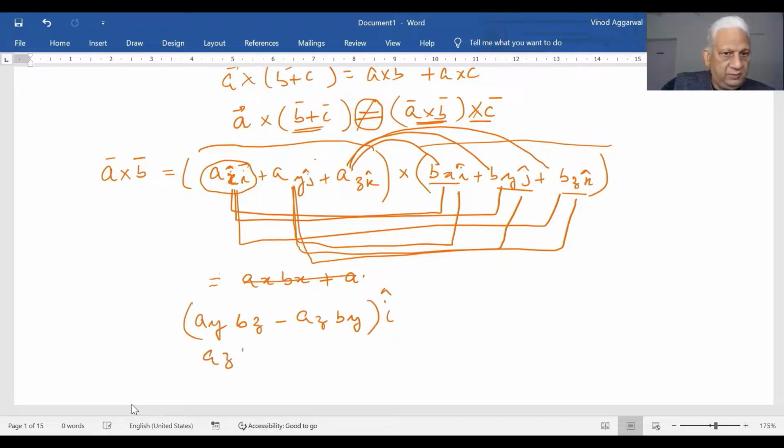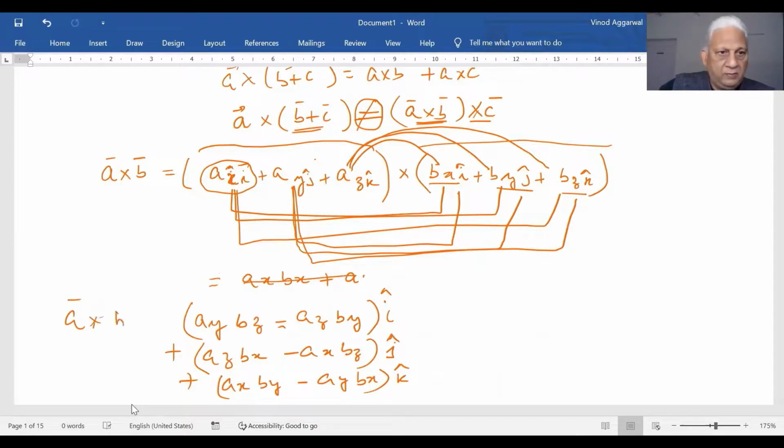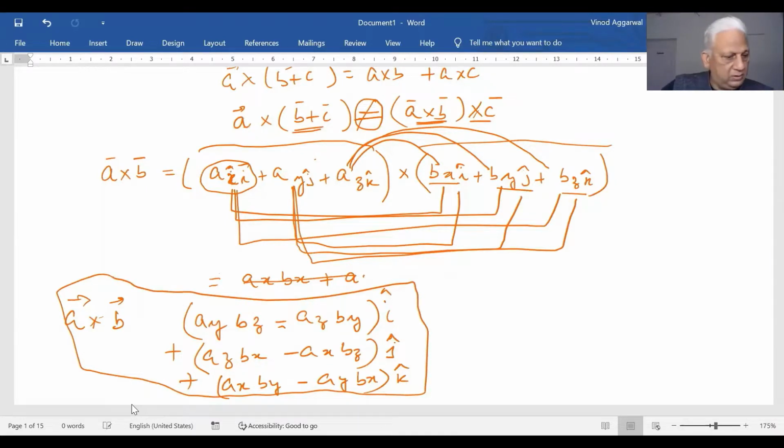Similarly, az bx minus ax bz, this will be in the j direction, and ax by minus ay bx in the k direction. This is all plus plus. This is A cross B.